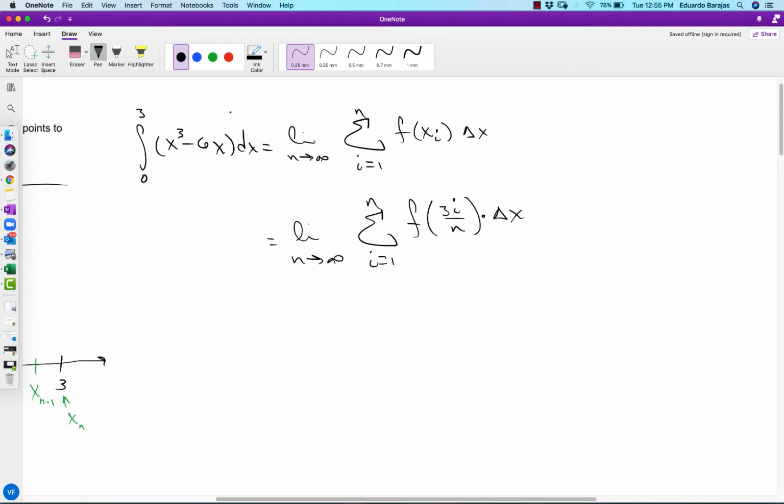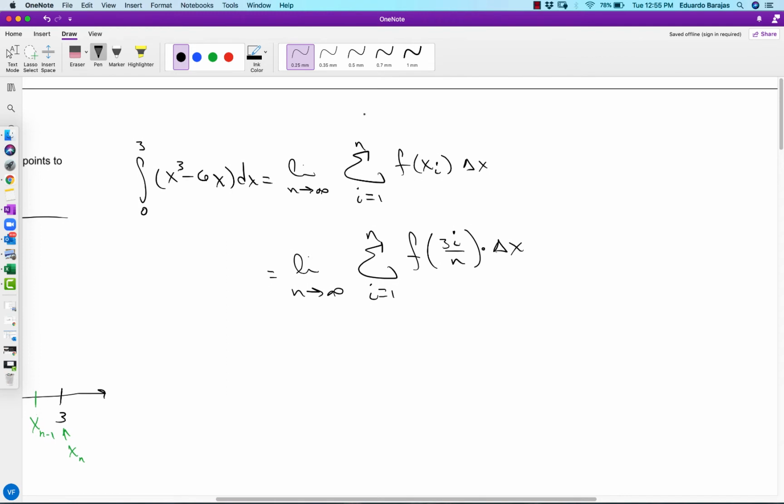So coming back over here, I'll just cap it right here. x sub i was established to be 3i over n, and delta x was established to be 3 over n. So I'm just going to replace this by times 3 over n.